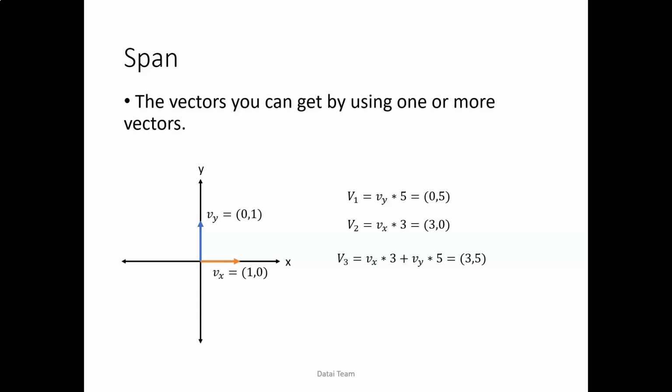We get (3, 5), and as you can see, this is a linear combination of Vx and Vy. We can write V1 plus V2 is equal to V3, or we can also write 3Vx plus 5Vy is equal to (3, 5).